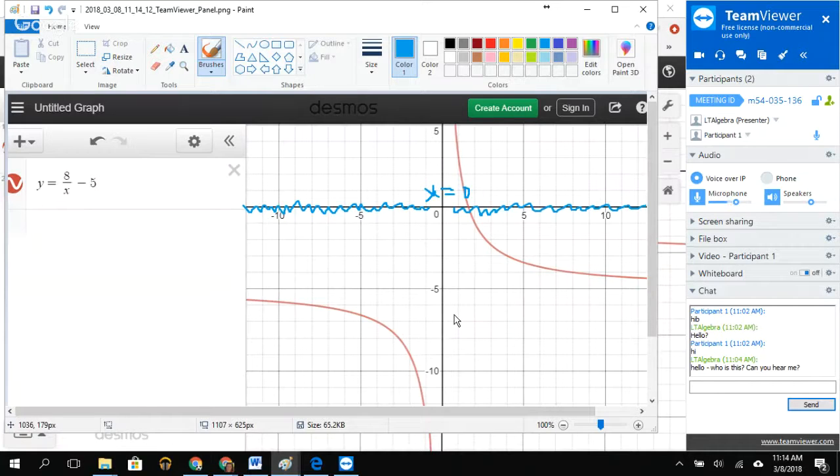I meant to say this last time, I forgot to say it. Here we have an asymptote, right? x cannot be 0. So my domain is all real numbers except x cannot equal 0.